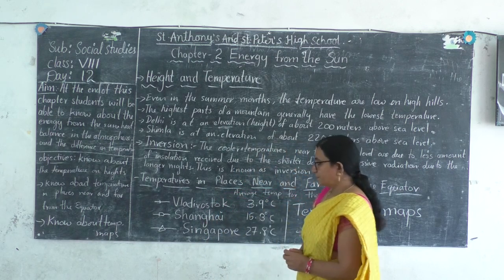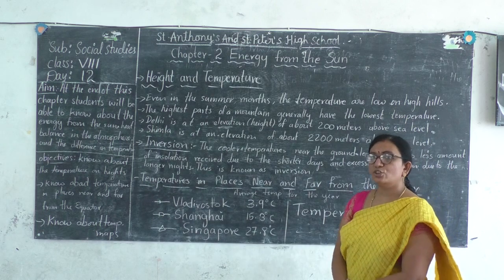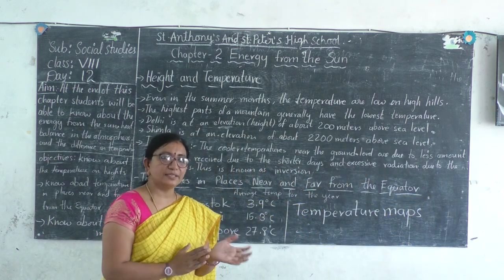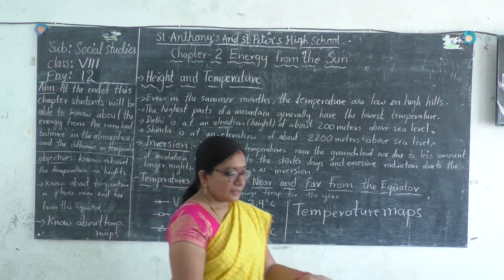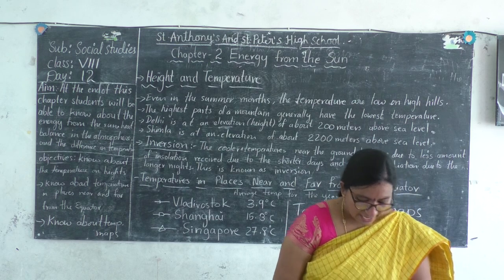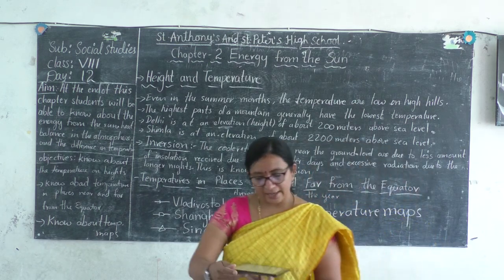So you also came to know about the usage of a map to go to some place, and how to compare the temperature of different places. Here there are many questions and answers, and average monthly temperatures of different places.